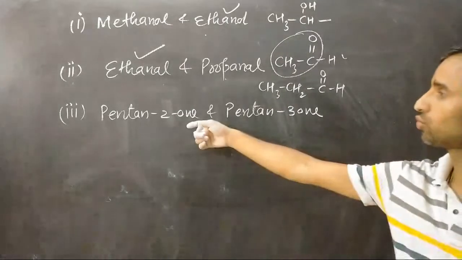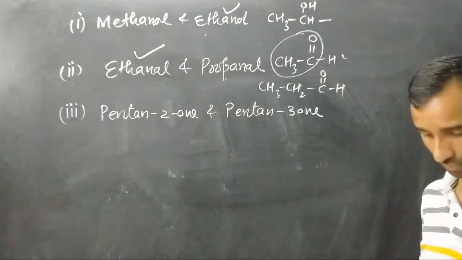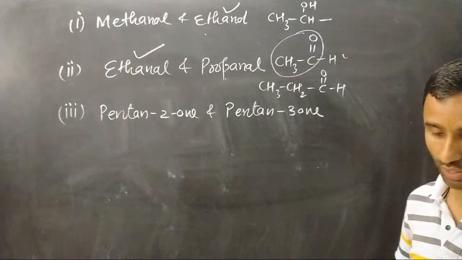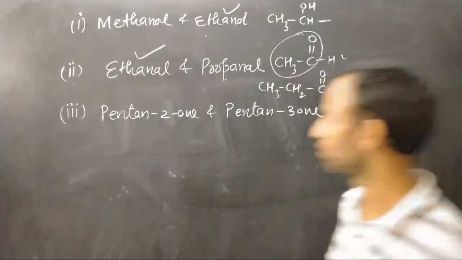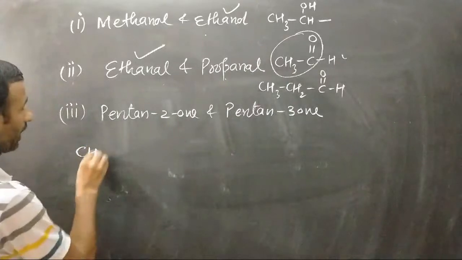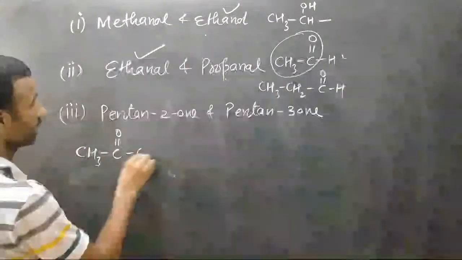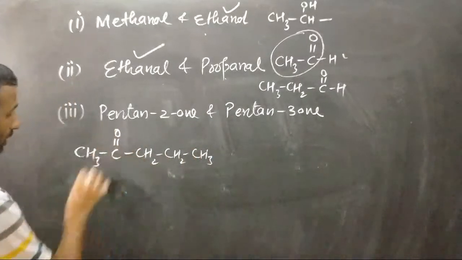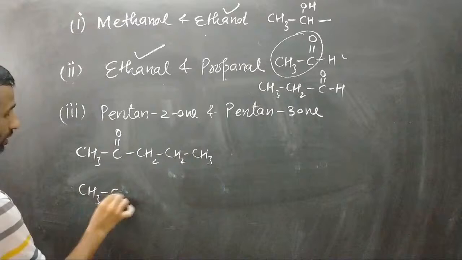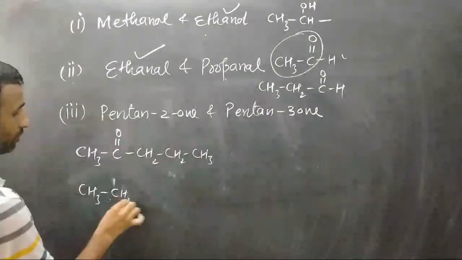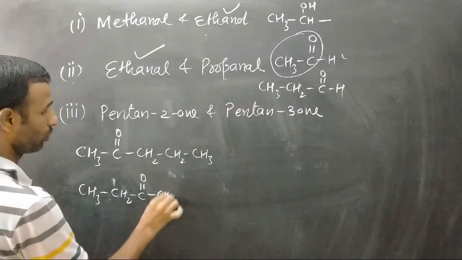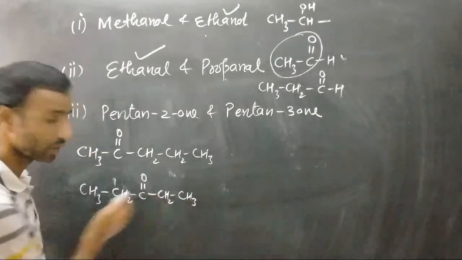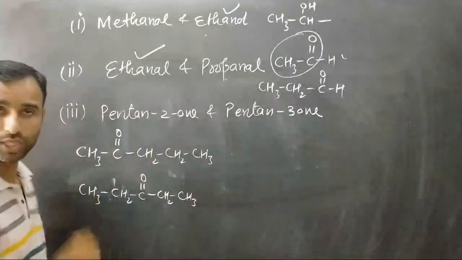What about propan-2-one and pentan-2-one? Which one will give the iodoform test? Very good. Pentan-2-one, because pentan-2-one has the CH3CO group. This one. But in pentan-3-one, we don't have the CH3COCH3 group. Here we have the COCH3 group.